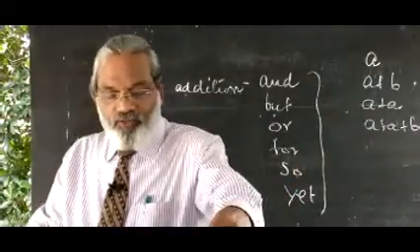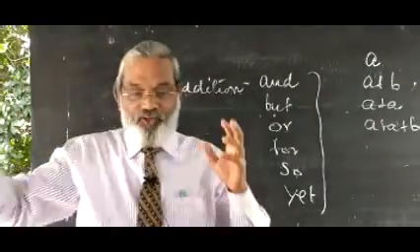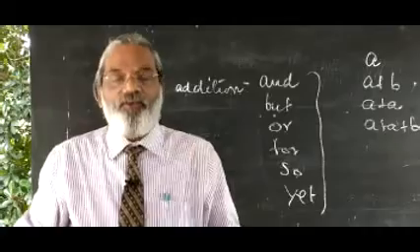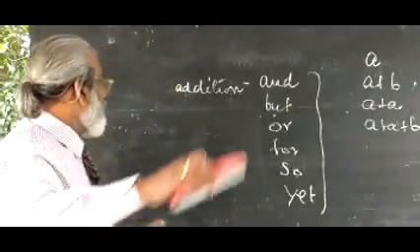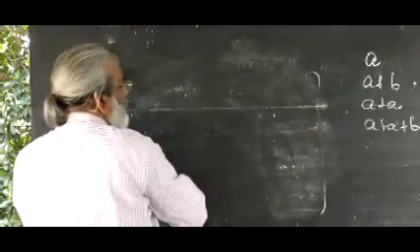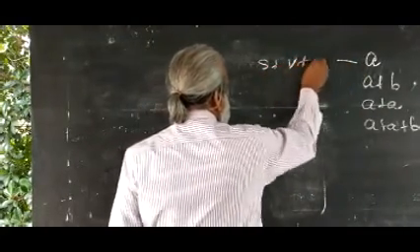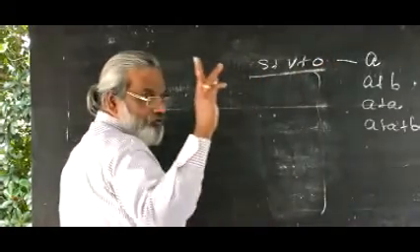Once we use a coordinating conjunction, the construction is equally based. Suppose we have S plus V plus O, plainly one sentence.